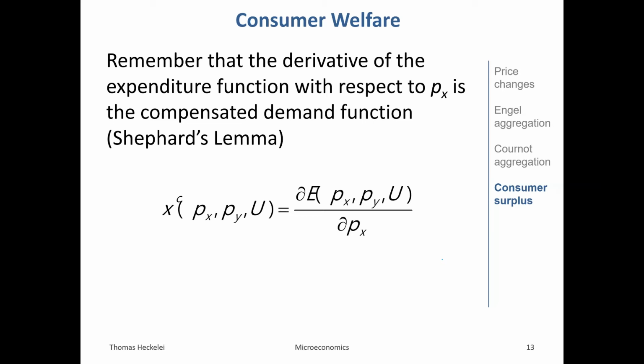Now we will make use of this result and the definition of the compensating variation to develop the last measurement of welfare change, which is the consumer surplus. At the end, you will see that it is actually a convenient way to use the consumer surplus rather than the compensating or the equivalent variation in many cases. But let's go first with some basic stuff using this result.